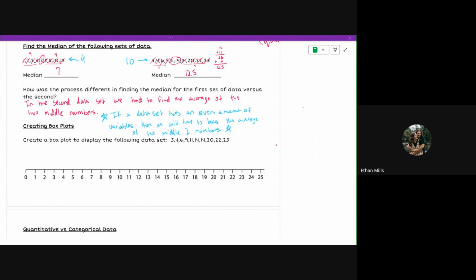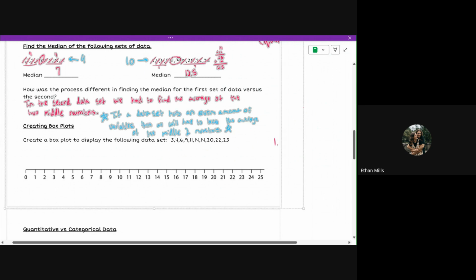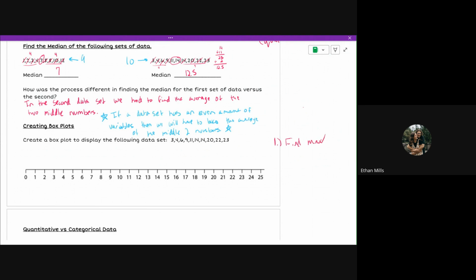So step 1, we're going to find the maximum and the minimum of the data set. My lowest number, my minimum, is 3. So I'm going to put a line here, right above 3. And then I'm going to find my maximum, which is the highest number, 23. I'm going to put a line right over here. Okay, that's step 1. Pretty easy.